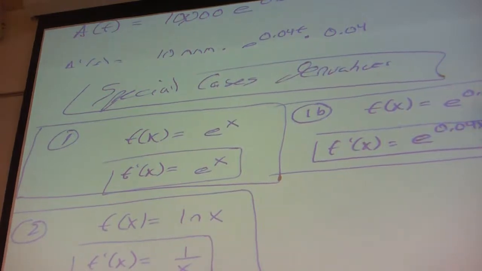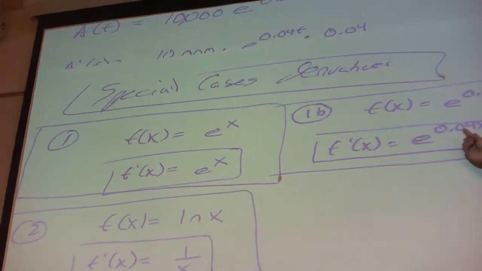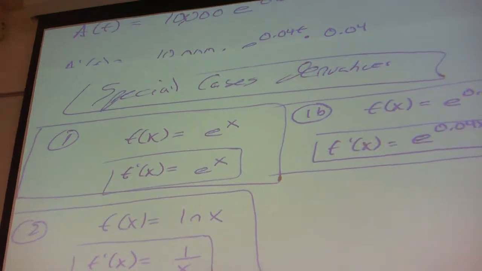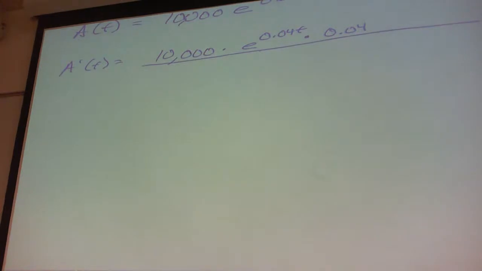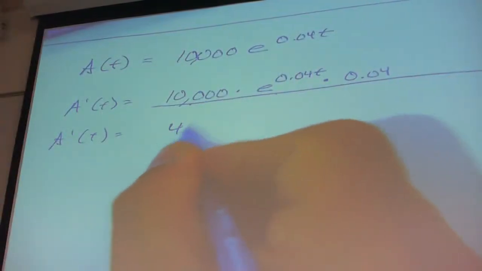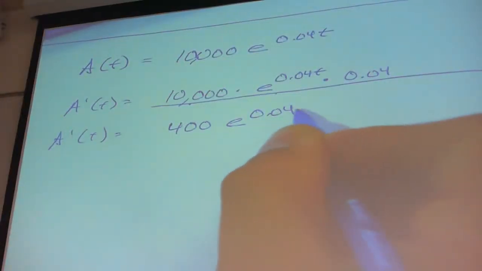What if it was e to the 4x? e to the 4x times 4. e to the 5x, times 5. It's always times the derivative of the exponent. So, to clean this up, 10,000 times 0.04 is 400 e to the 0.04t.